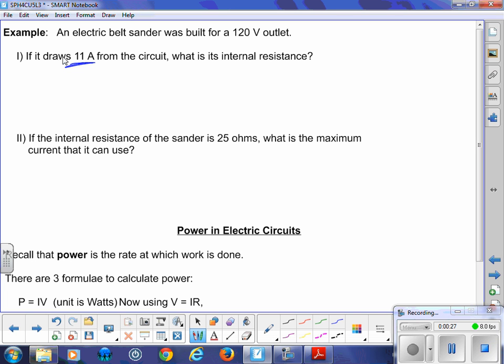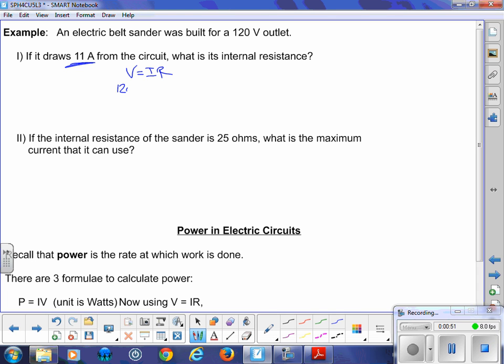it will draw. So what's the internal resistance if we have an 11 amp sander? We know volts, and we know our current. So we are using V equals IR. The resistance is kind of like the strength of the motor, how much resistance is coming from making the motor work.